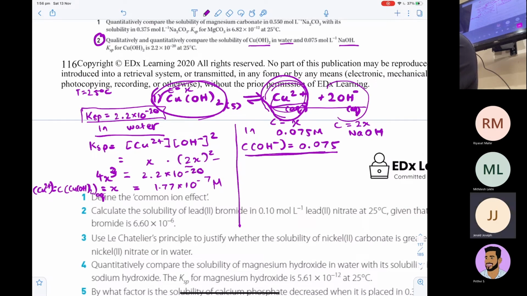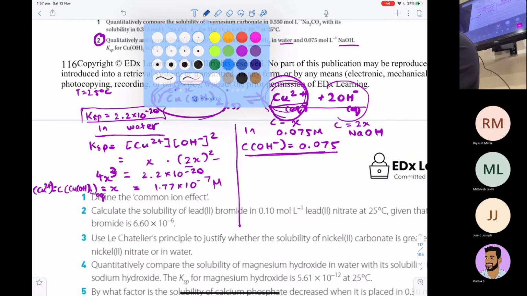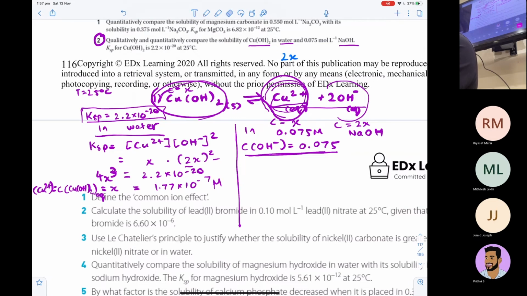Then using stoichiometric ratios, you can determine change. So the change of copper ions will be X, and hydroxide ions will be 2X. Okay. Very good. Joe, do you typically need to use ice tables for KSP questions? It's nicer to show working out, I guess. Good.